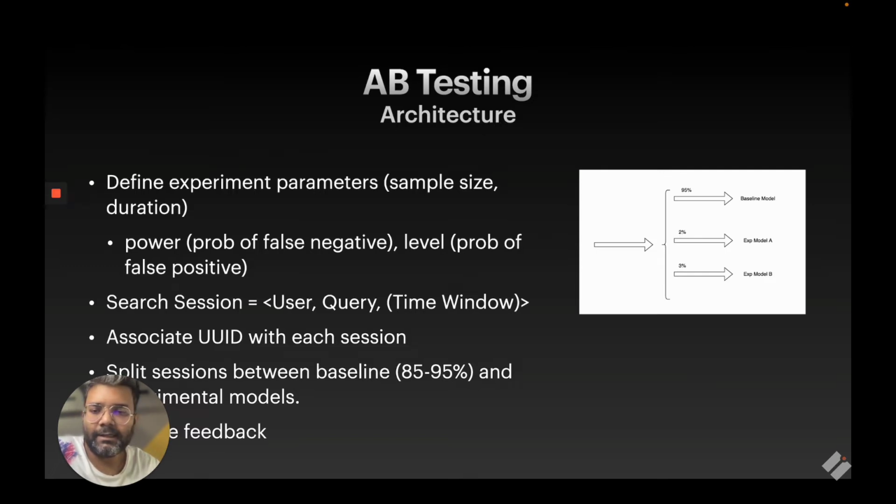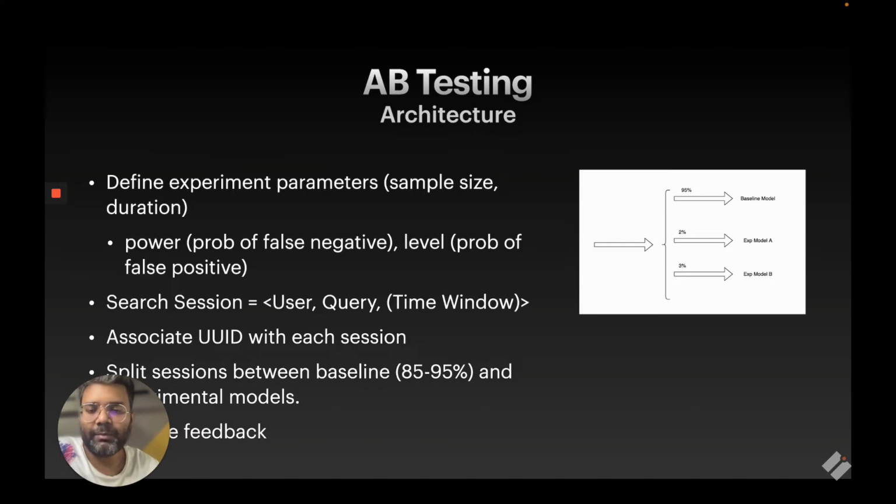So in this example, let's say you have a learning to rank algorithm that is presenting users with a ranked set of search results based on their search query, right? And there is a baseline model that is already deployed in production, and now the machine learning team has come up with, let's say, two different variants called model A and model B, and they want to see if these models are performing better or worse than the baseline model.